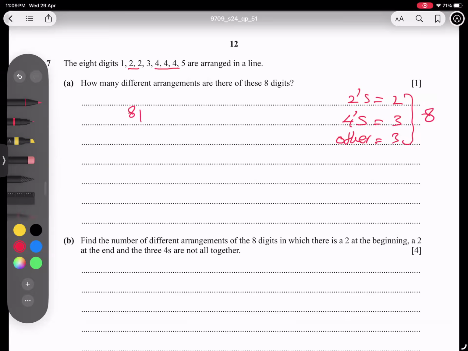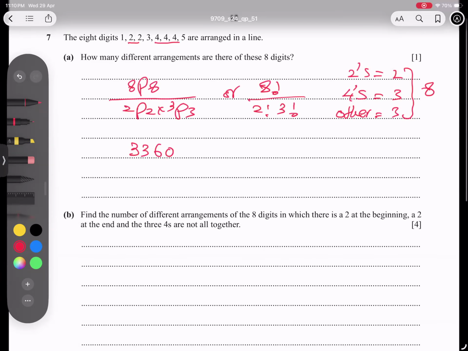So we can write 8P8 divided by, because only same numbers repeating, 2P2 into 3P3. Or you can write 8 factorial by 2 factorial into 3 factorial. So don't forget it. And if you type in the calculator, the answer is 3360.